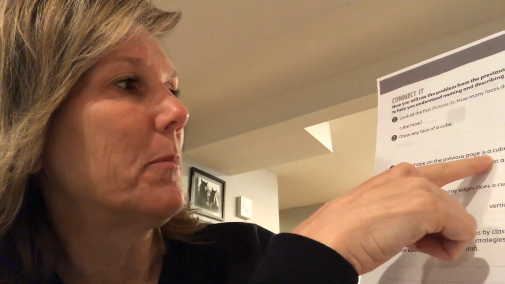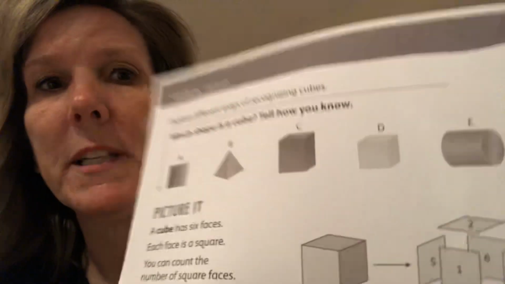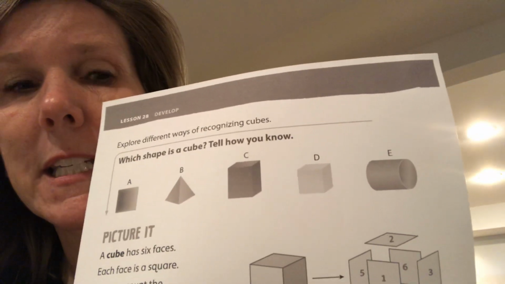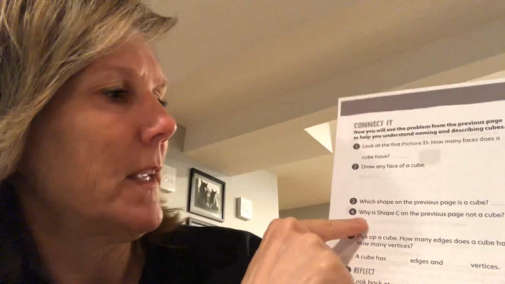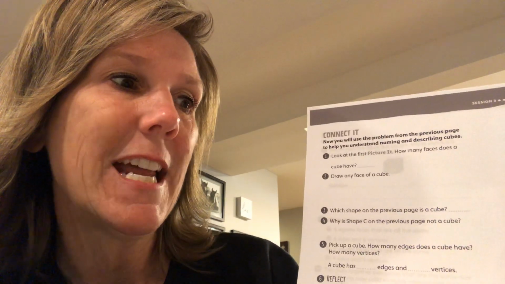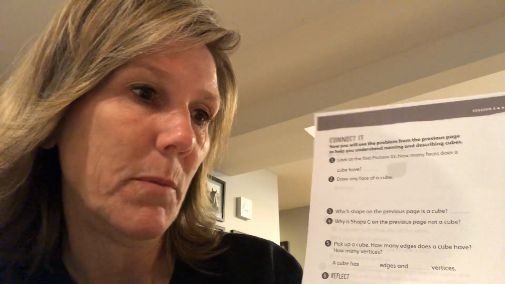Which shape on the previous page is a cube? So you're going to go back to this. Which one did we say is a cube? A, B, C, D, or E? So you're going to answer that. And then it says, number 4, why is shape C on the previous page not a cube?